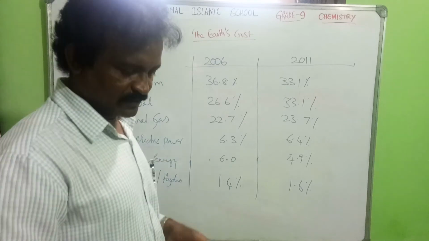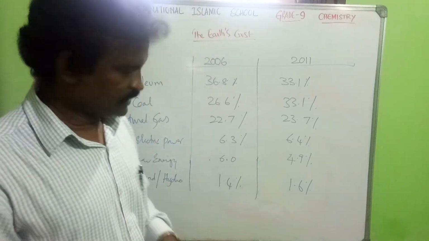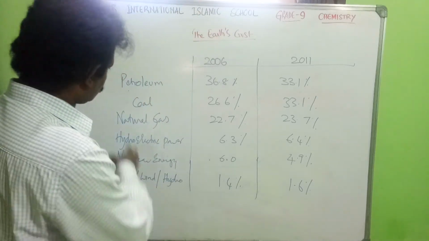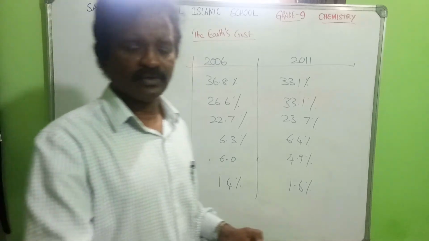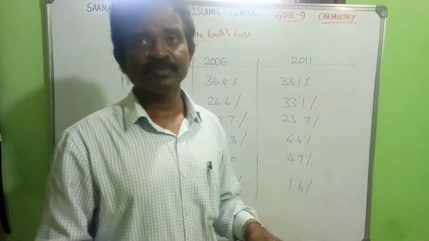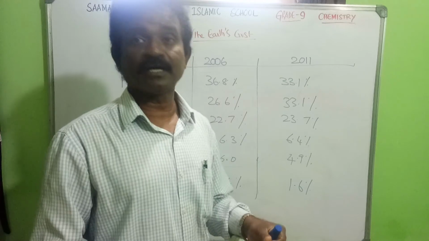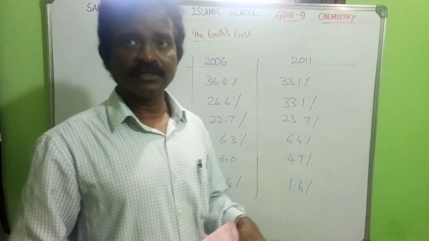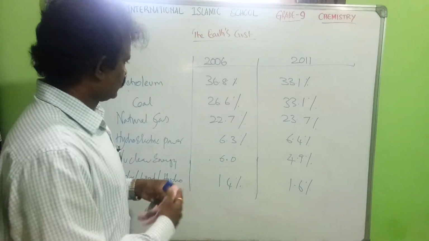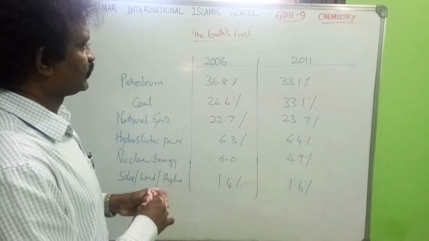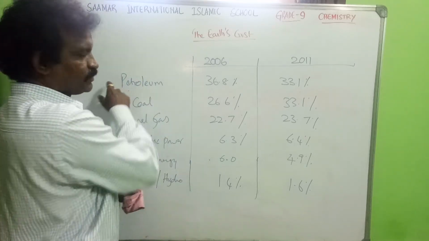Is that clear? Hydro power plants. Now you can see electric vehicles have already come, and electric cars have already been introduced. If we see this, we can minimize the petroleum products.